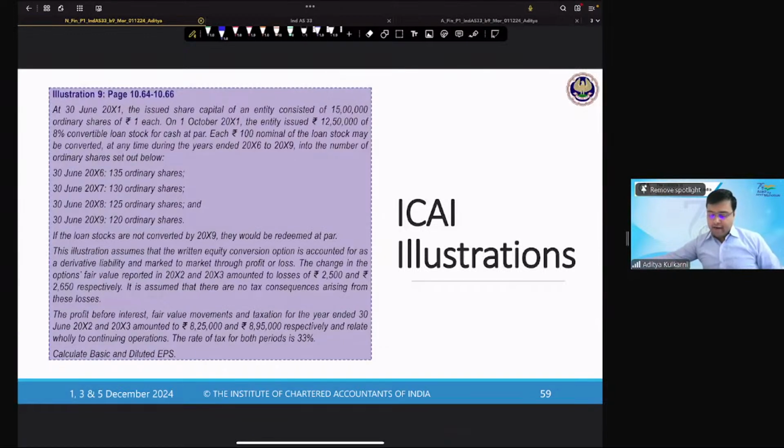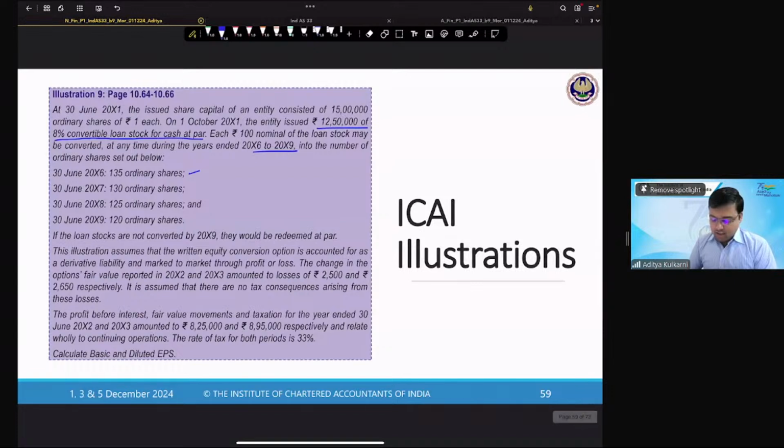At 30th June 20x1, the issued share capital of an entity consisted of 15 lakh ordinary shares of rupee 1 each. On 1st October, the entity issued rupees 12 lakh 50,000 of 8% convertible loan stock for cash at par. Each rupees 100 nominal of the loan stock may be converted at any time during the years ended 20x6 to x9 into the number of ordinary shares set out below.